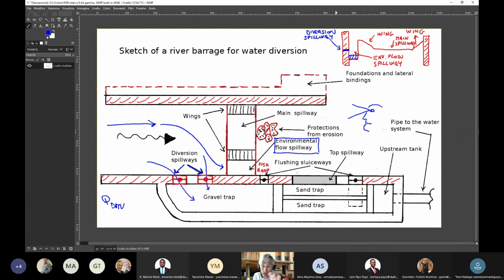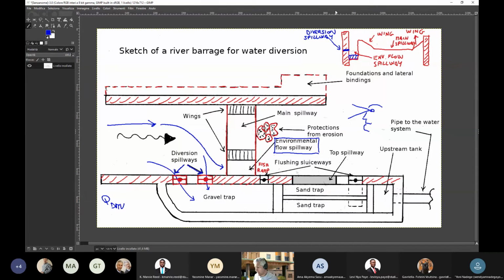So I don't want anything flowing through the main spillway unless, again, I have satisfied two conditions. The environmental flow is released through the environmental flow spillway, and the diverted flow is released through the diversion spillway. And therefore, it follows that the main spillway is at the higher elevation.